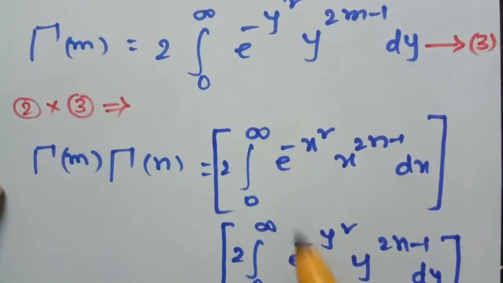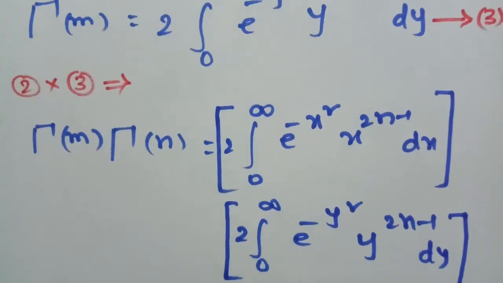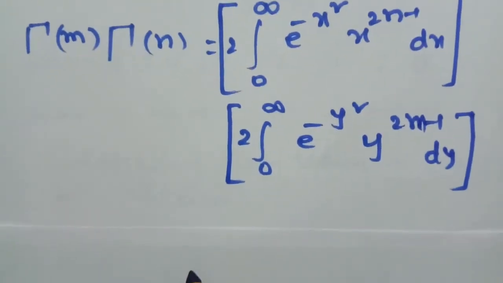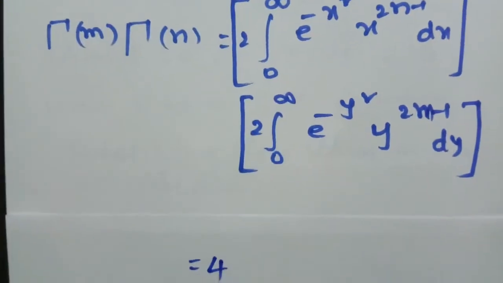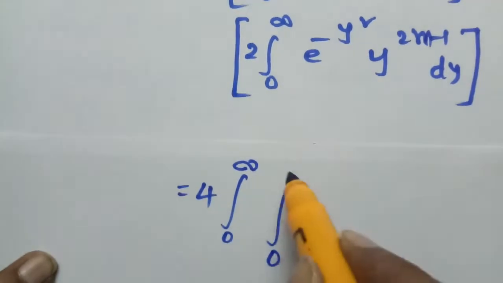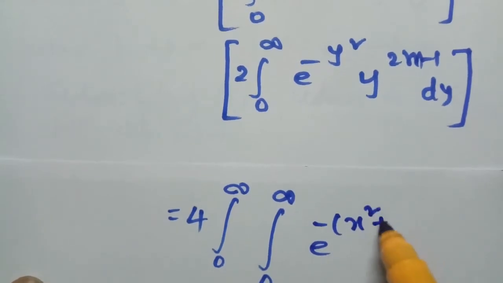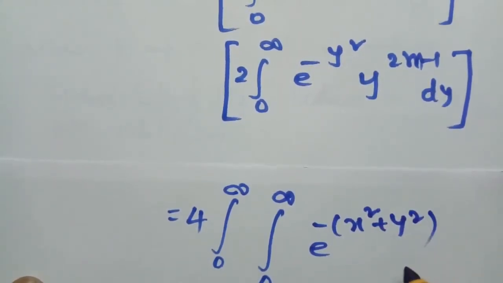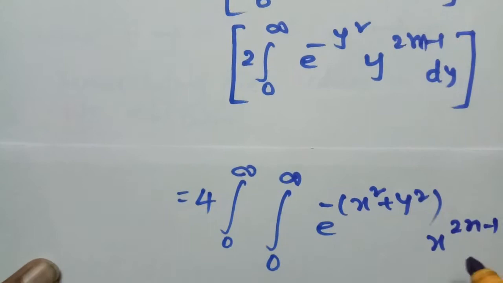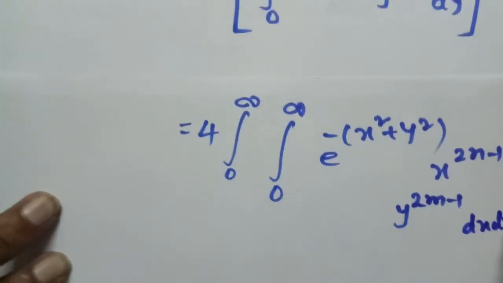Therefore, we can combine these two integrations, and they can be written as: 4 times integral 0 to infinity integral 0 to infinity e power minus x square into e to the power of minus y square, that is e power minus of x square plus y square, into x to the power of 2n minus 1 into y to the power of 2m minus 1 into dx dy.